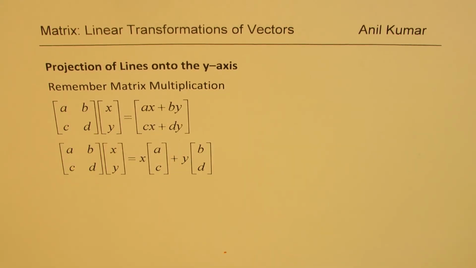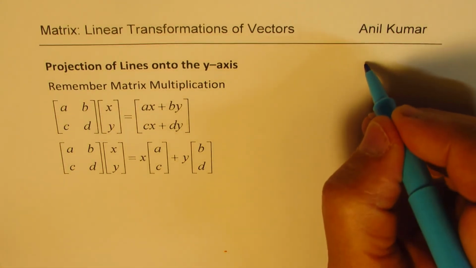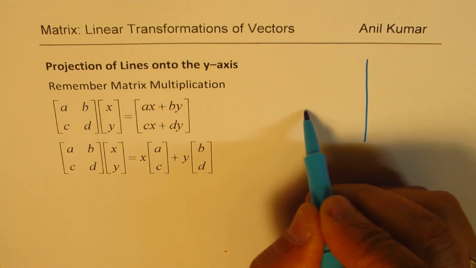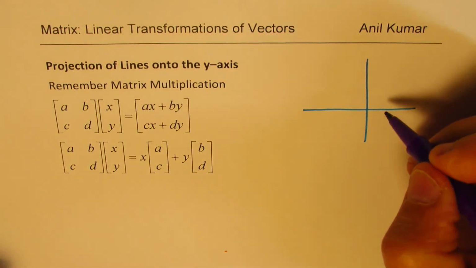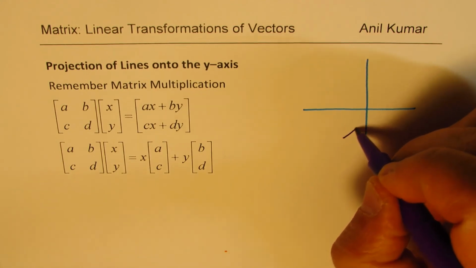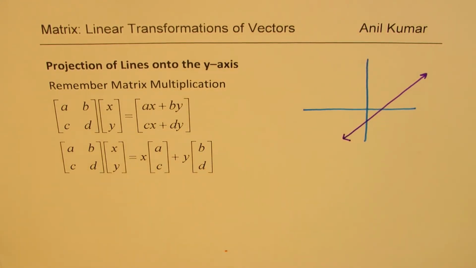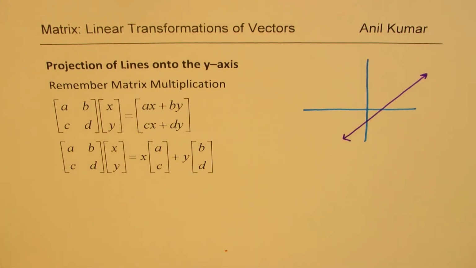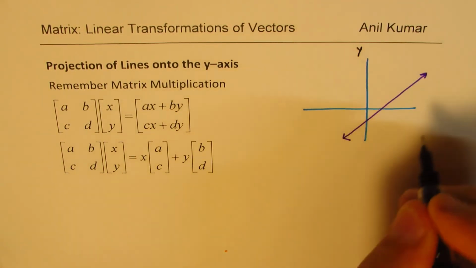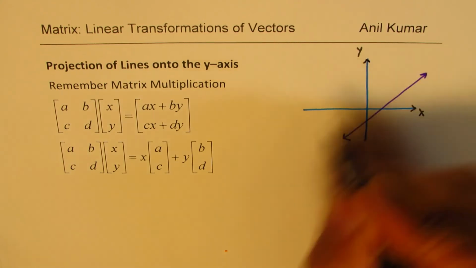So now let's further explore projection of the lines in R2. So what we are trying to figure out this time is that if we have a line which is, let us say like this, in that case, if I want to project this line on the y-axis, what kind of transformation matrix is required?